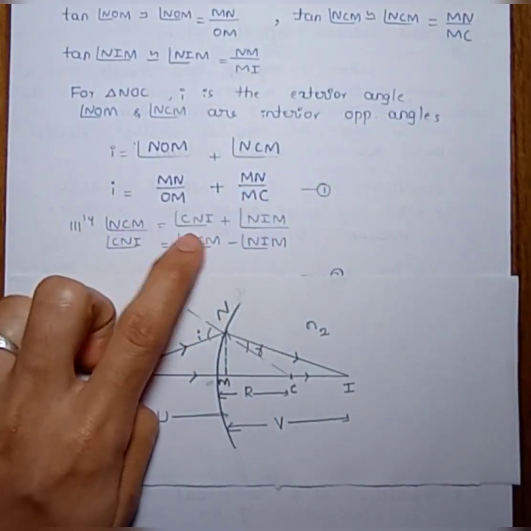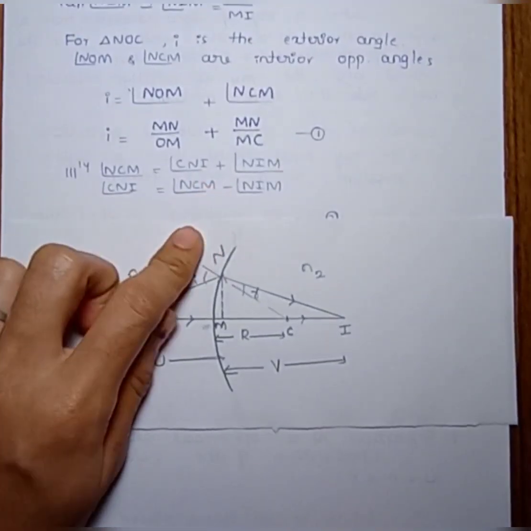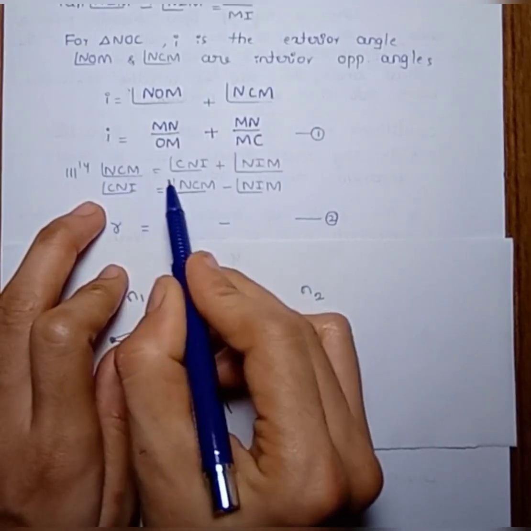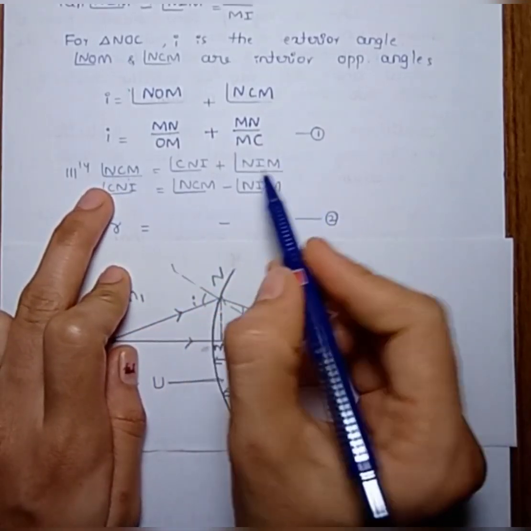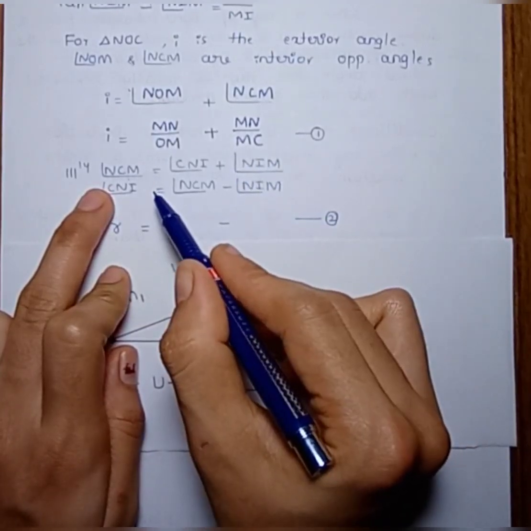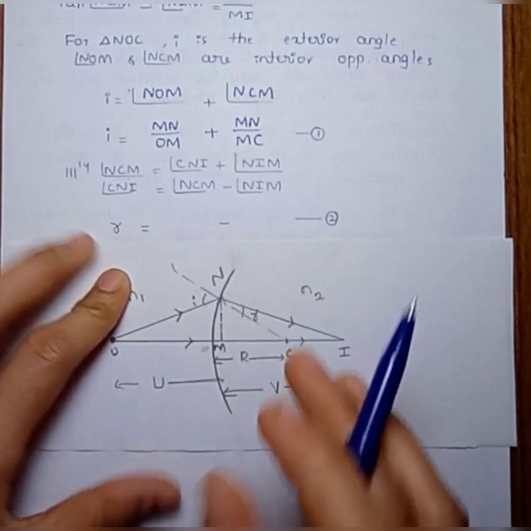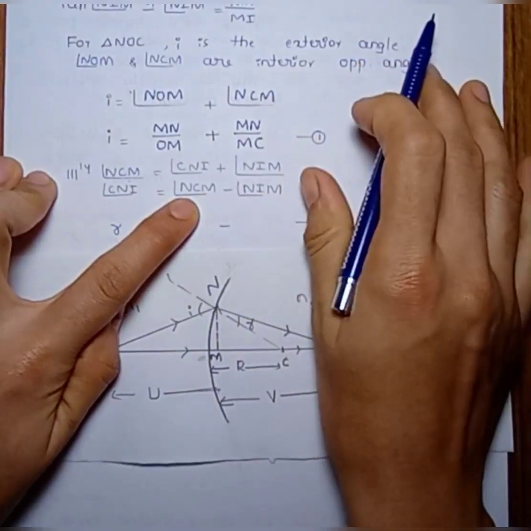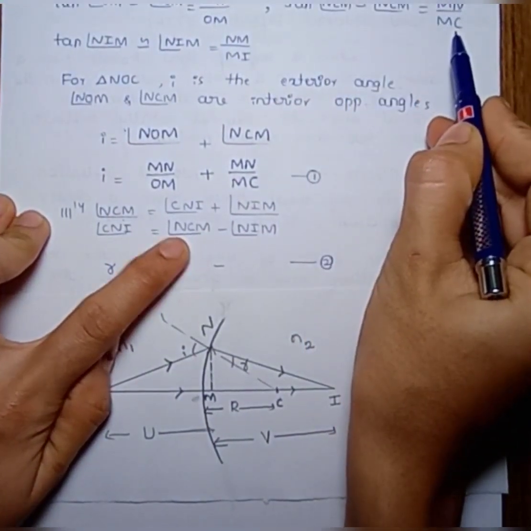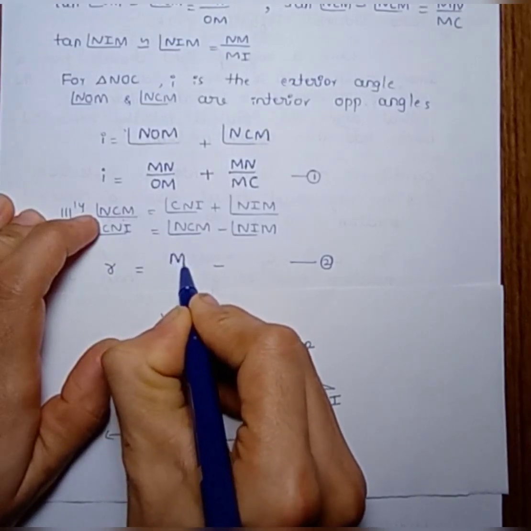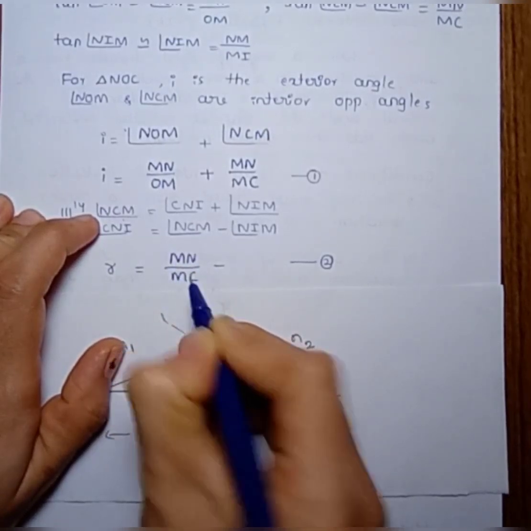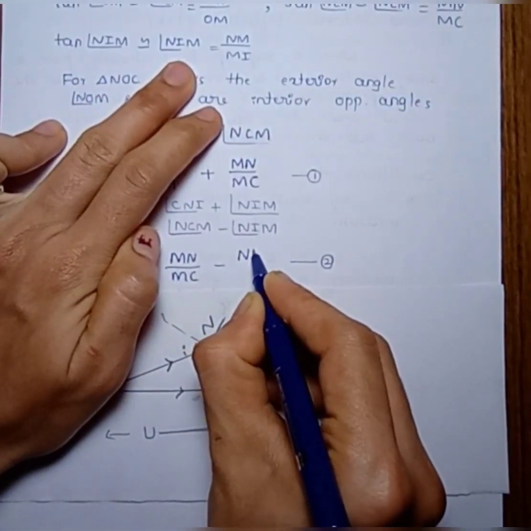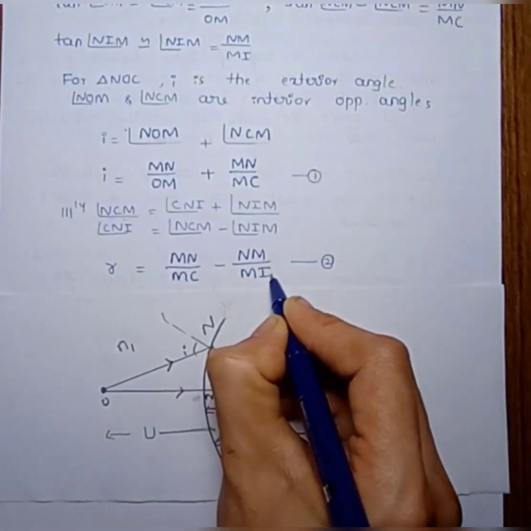So we have to find the value of angle r by this equation. Which gives r equals NCM minus NIM, because when NIM comes to the other side it gives a negative sign. So r equals MN by MC minus NM by MI.